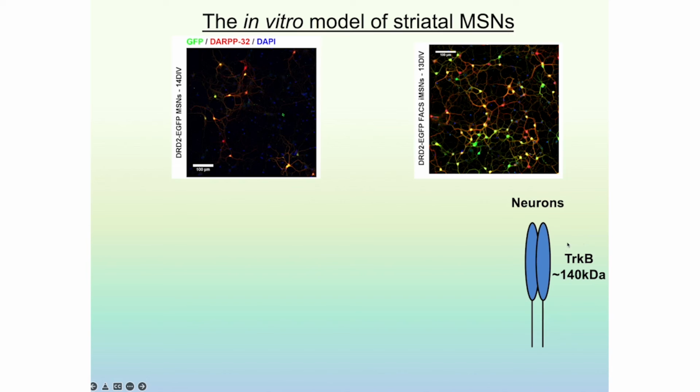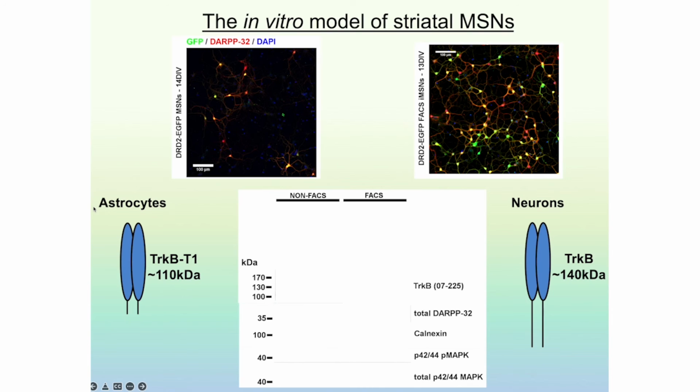One is the 140 kilodalton full-length TrkB, which is more or less specifically expressed in neurons, versus the truncated TrkB receptor with a molecular weight of 110 kilodalton. This one lacks the C-terminal signaling domain, and it is predominantly expressed in astrocytes.